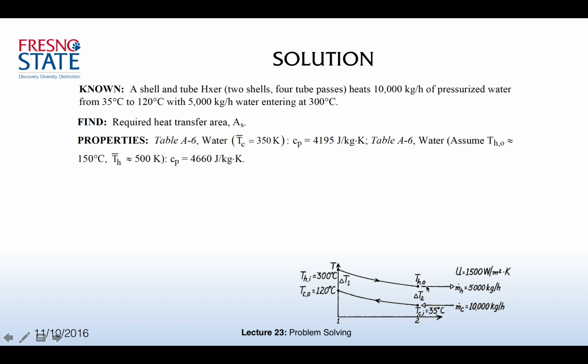The exit temperature for the hot water should be definitely less than the inlet temperature because it's cooling down. But it needs to be greater than the inlet temperature for the cold water because we have not reached equilibrium. We have not reached the maximum possible cooling down to the minimum possible temperature, which is T_c,in. So it should be less than 300, higher than 35.